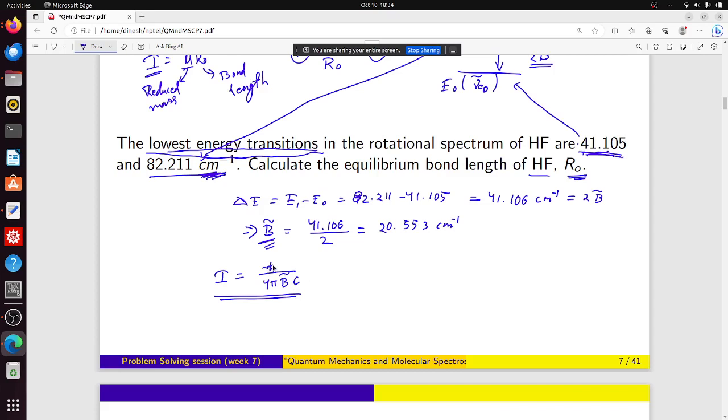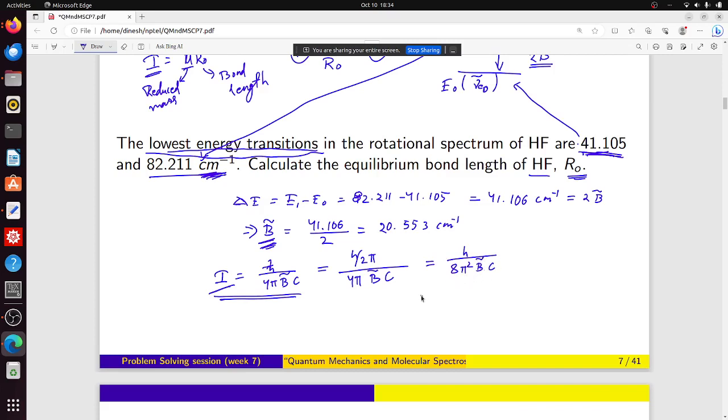We have used this last class or before last class also, so you can check from the class. So if b tilde is given, now we can calculate the moment of inertia. Okay, so h cross is what? H over 2 pi, now 4 pi b tilde c. Okay, this is h over 8 pi square b tilde c.